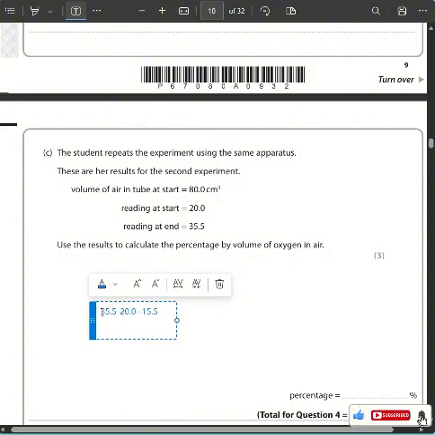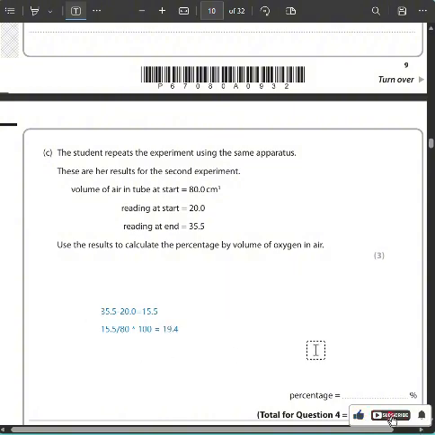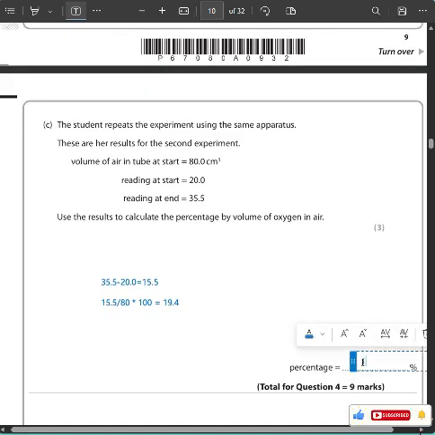And for finding the percentage of oxygen in air, we divide 15.5 by 80, which is the volume of air in the tube at start, and multiply by 100 to make it a percentage. It is 90.4.